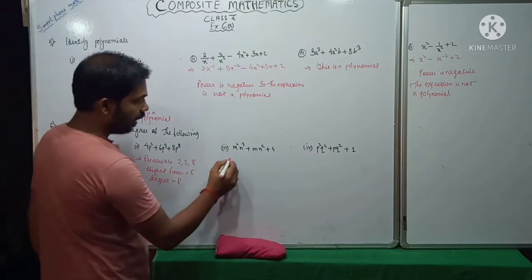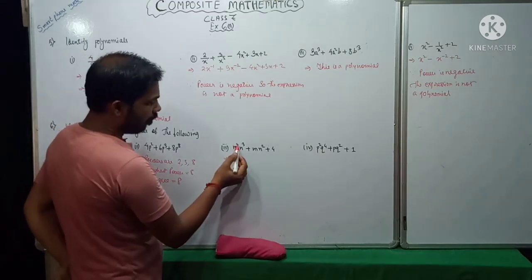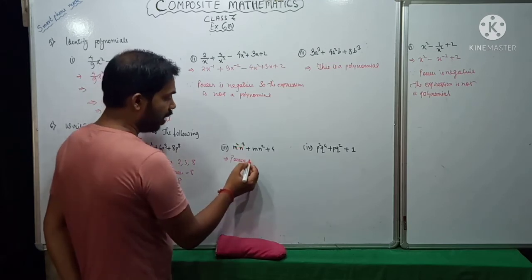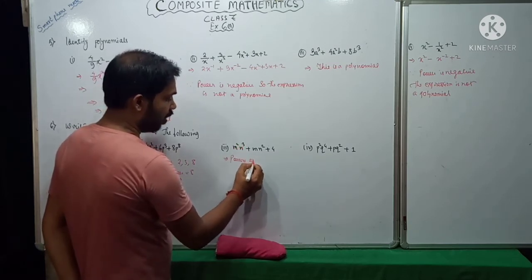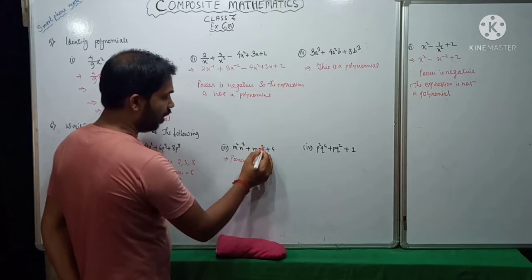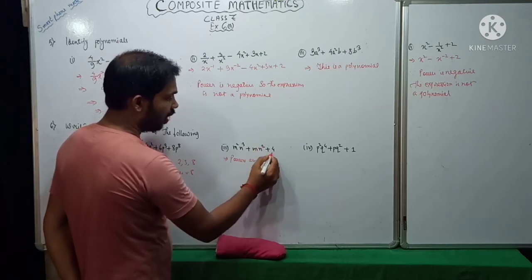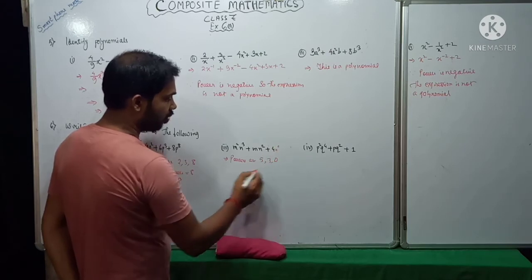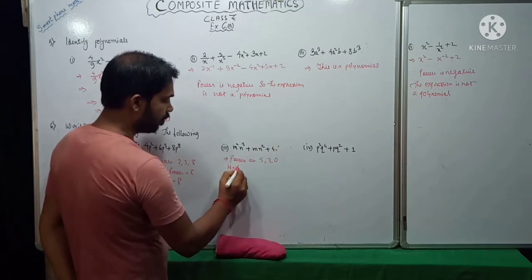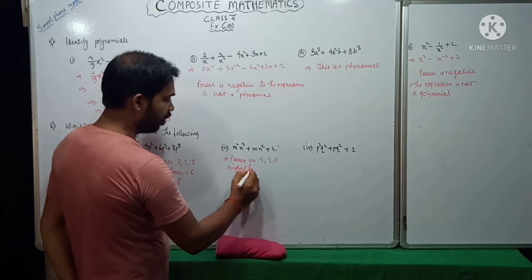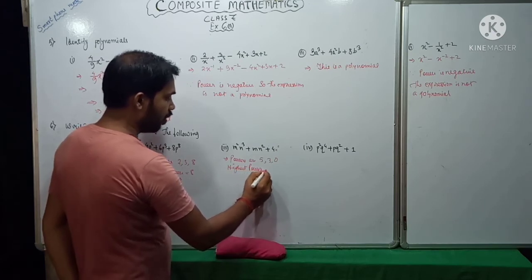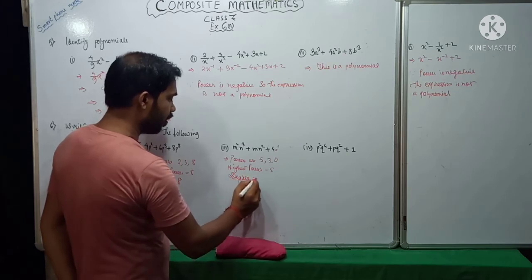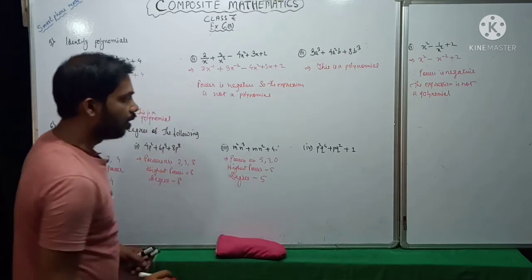Next, here 2 powers are given, so you have to add the powers. It will become 5, here 1, here 2, so it will be 3, and where the variable is not present you can write x power 0, so the power is 0. Now the highest power is 5, so degree is equal to 5.